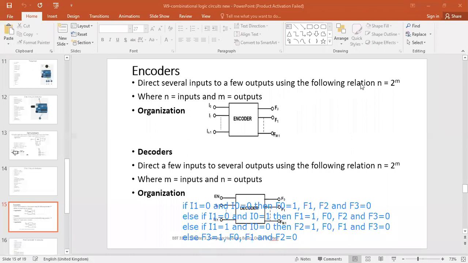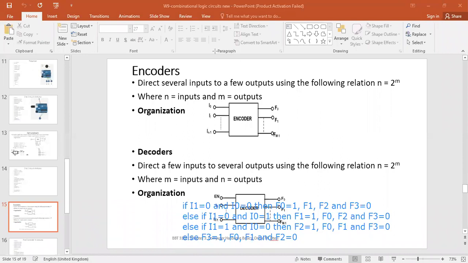And please note that the relation is given by n is equal to 2 power m, where n are the inputs and m are the outputs. So you can have a simple example of a 2 to 1 encoder.